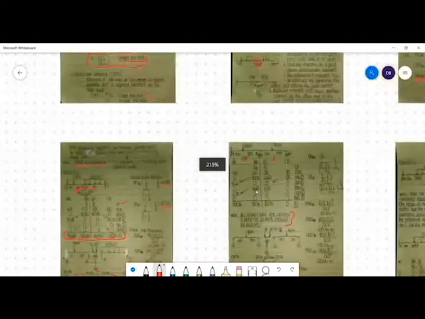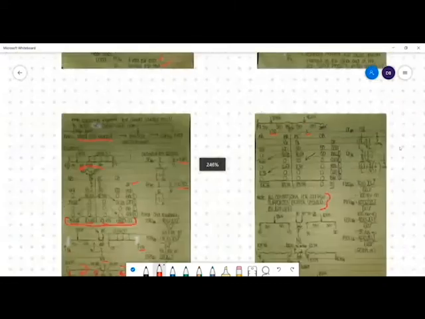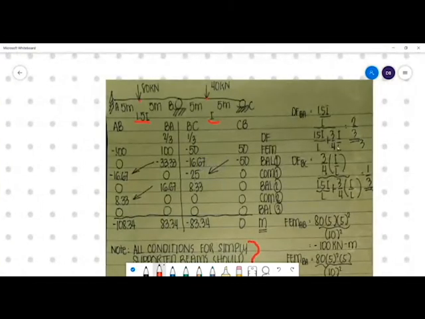Okay. So we multiply the relative stiffness by 3/4 I over L. So it comes out to 2/3. DFBC is equal to 3/4 I over L over 1.5 I over L plus 3/4 I over L, which is equal to 1/3.